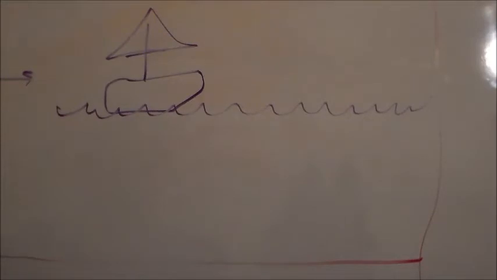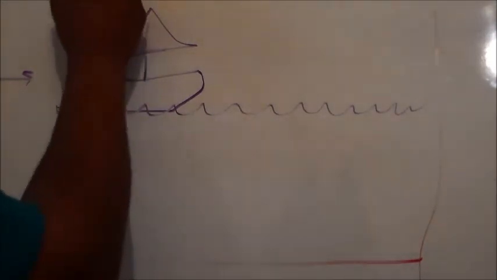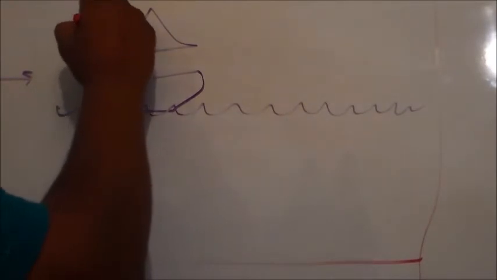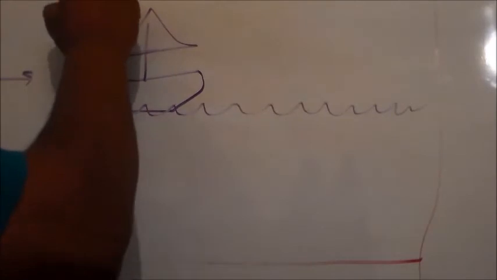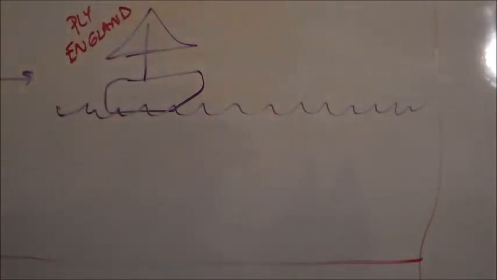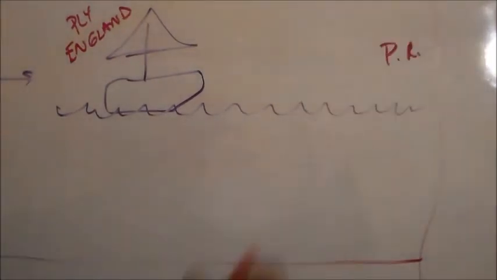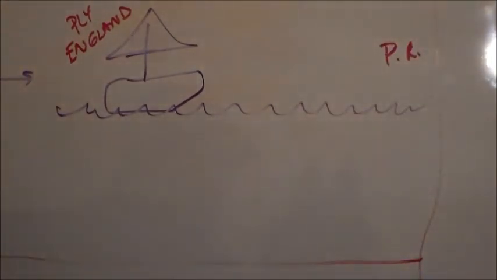Alright, so it goes from point A. We'll just put England, and PLY for Plymouth, England, to Plymouth Rock. And I'll just put PR for Plymouth Rock. Make sure we're getting all that.